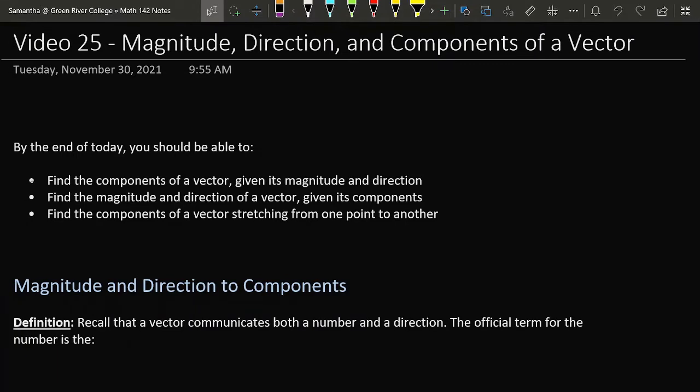In the final exercise of yesterday's video, we practiced finding the components of a vector given its magnitude and its direction. We found that the technique for finding the components of a vector in such a situation was very similar to the formulas that were used to convert from polar coordinates to Cartesian coordinates.